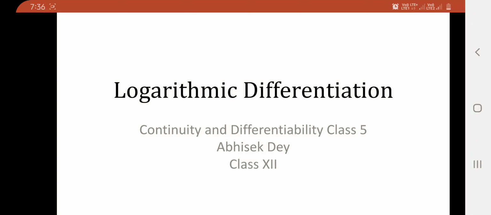So we start off with our fifth class on the chapter continuity and differentiability, and today we are going to deal with logarithmic differentiation, another aspect of differentiation or derivatives. It's a very useful tool which you may require in your future for doing some difficult, complex differentiations.